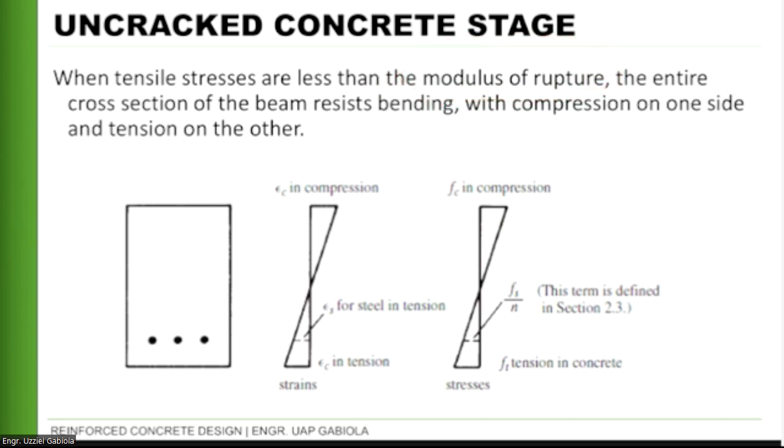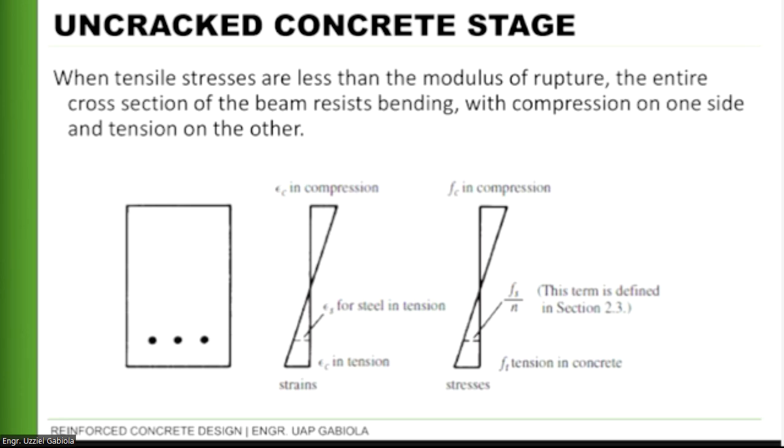It means that the entire cross section of our beam, or the whole rectangular section, resists bending. So the rebars on the tension side are not yet working, and we can just utilize the concrete itself to resist the loading that we have.